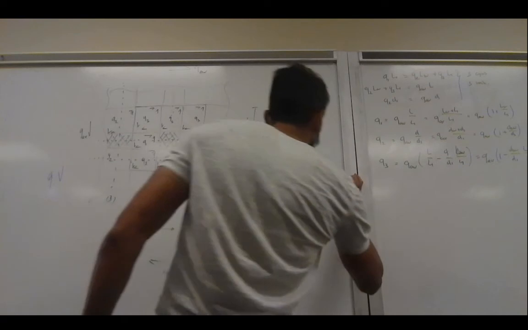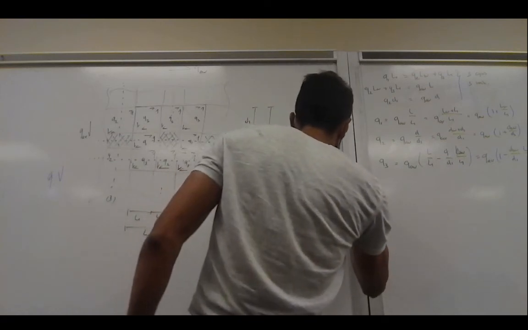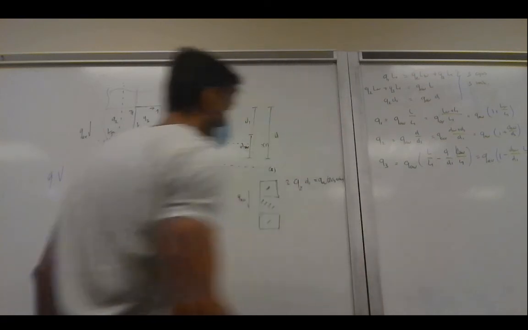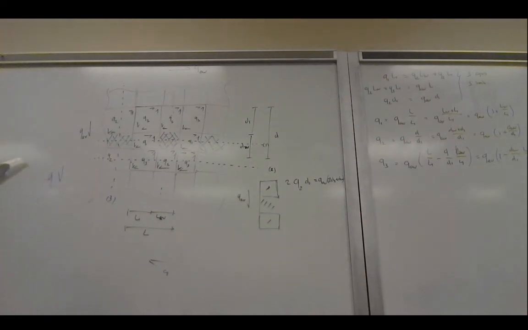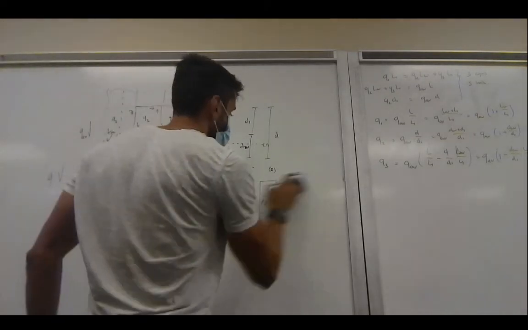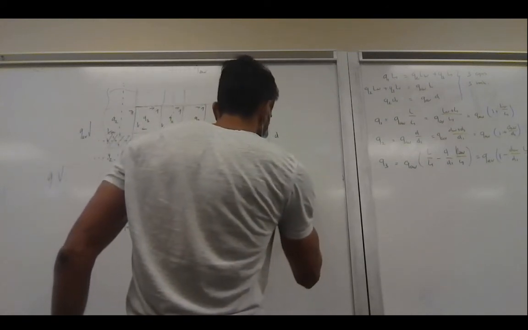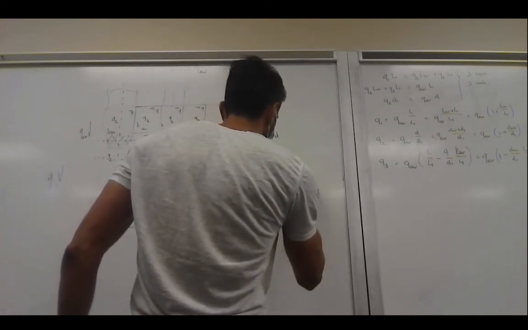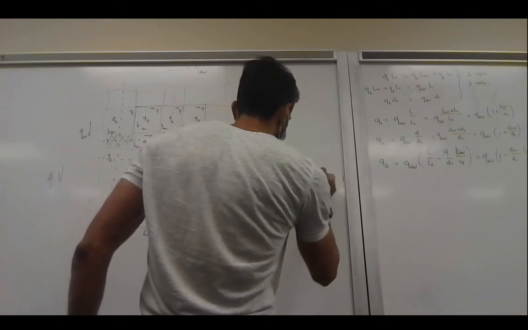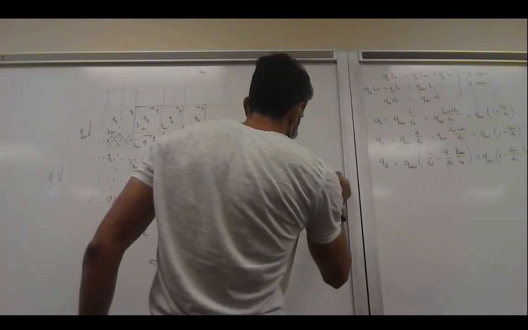So we get 2 Q2 D1 is equal to Q average times 2D1 plus dW.